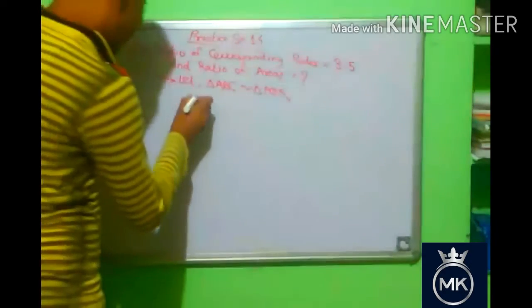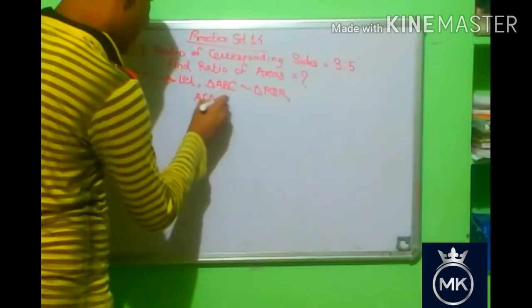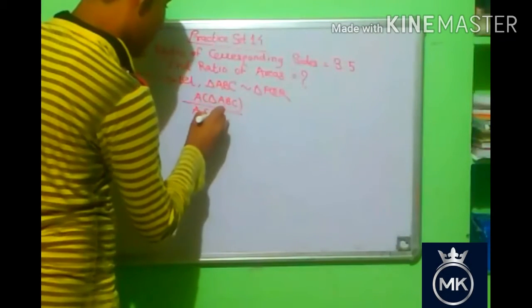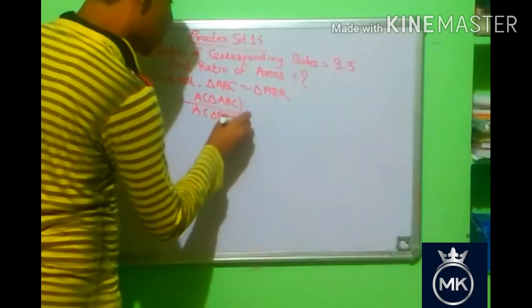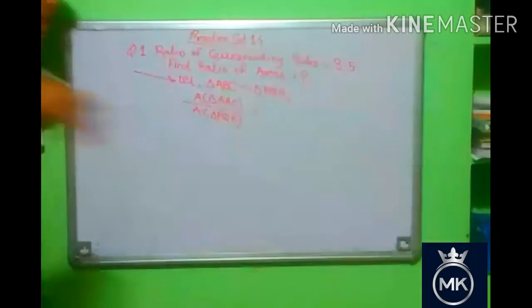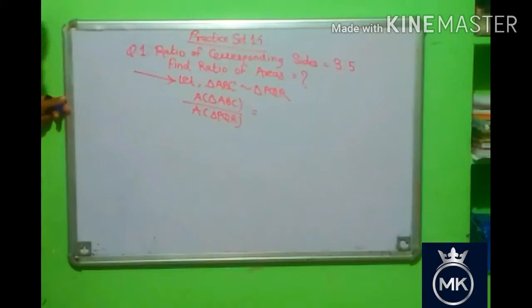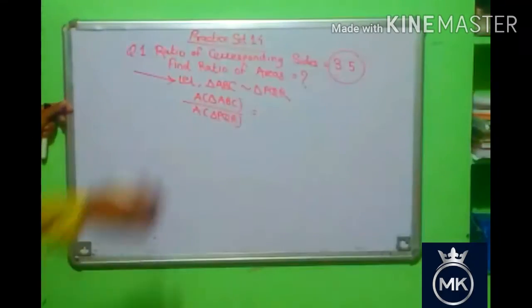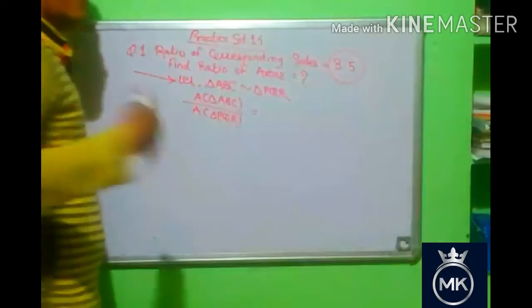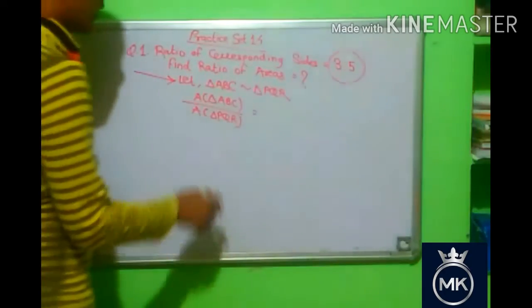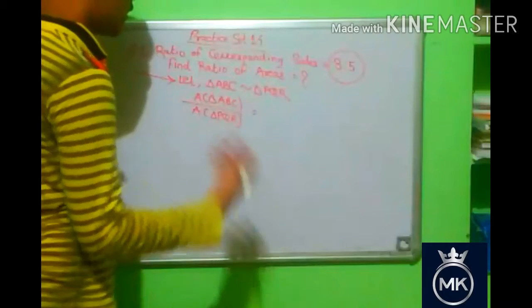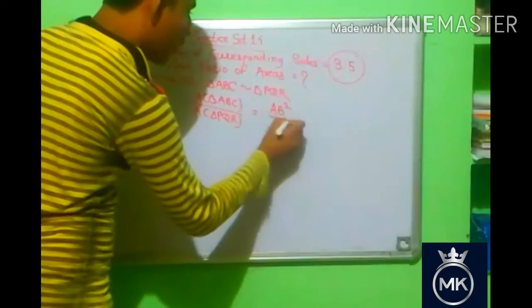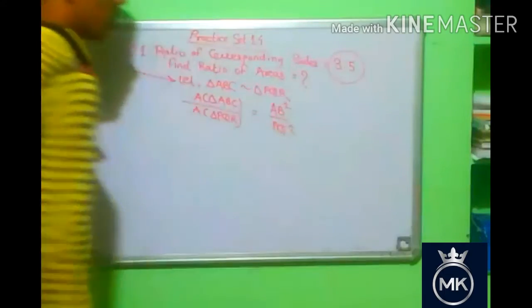So we write area of triangle ABC by area of triangle PQR is equal to the ratio of corresponding sides squared. We are given only one corresponding side ratio, so we write just one pair of corresponding sides in the ratio. So we get AB square and PQ square, okay.